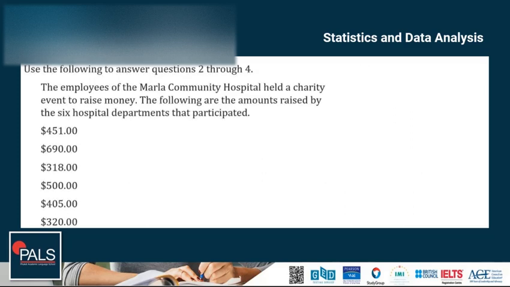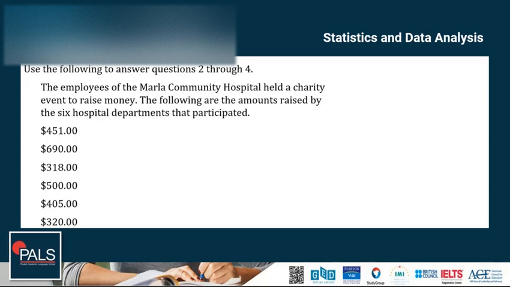Now another one. Use the following to answer questions 2 to 4. The employees of the Marlac Community Hospital held a charity event to raise money. The following are the amounts raised by the 6 hospital departments that participated.